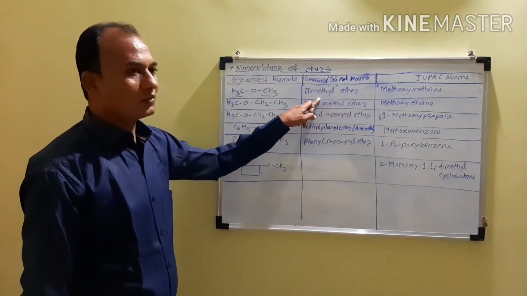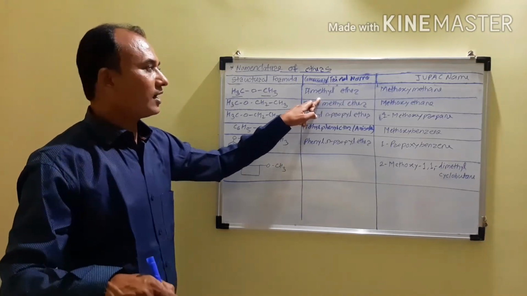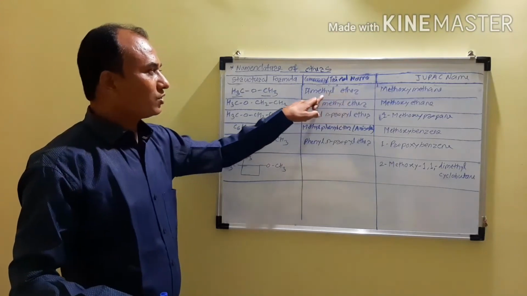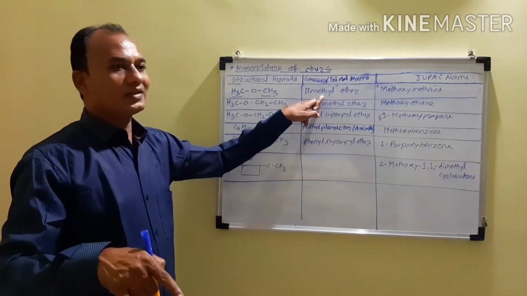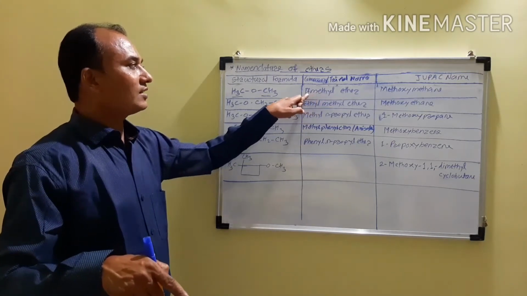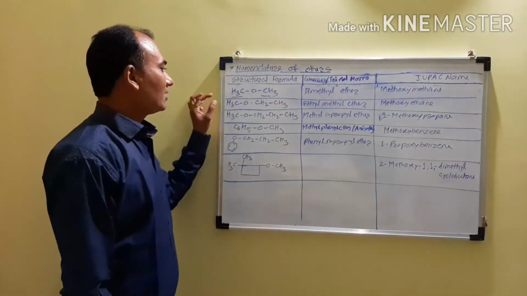You have to write the name of the alkyl groups in alphabetical order, and then write the word ether. But both alkyl groups are the same, so we write methyl, and before methyl we write di, so it becomes dimethyl ether.